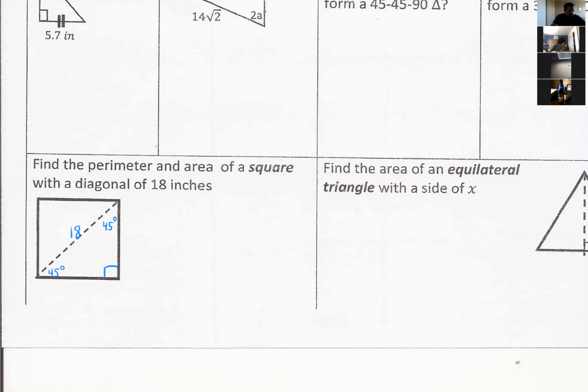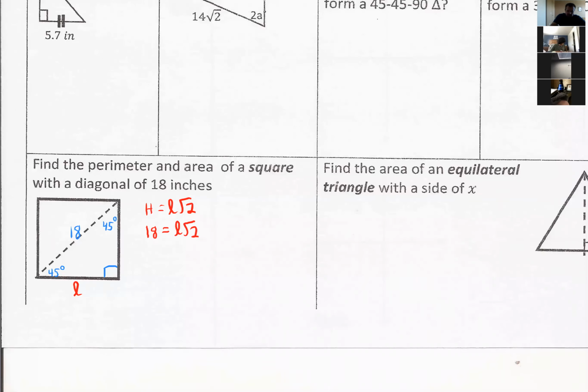So I can use my formula. I meant to do this in red. I guess I'll switch now. Okay, so the hypotenuse is going to be the leg times square root of 2. So the hypotenuse of this triangle is 18, and this is L. So it's going to be L times square root of 2.